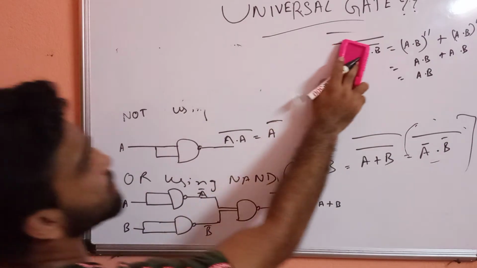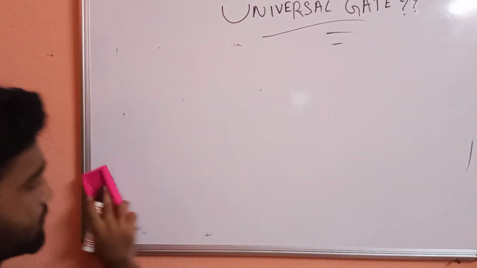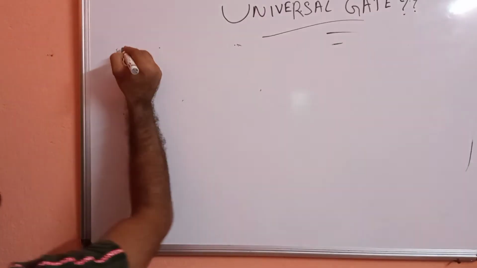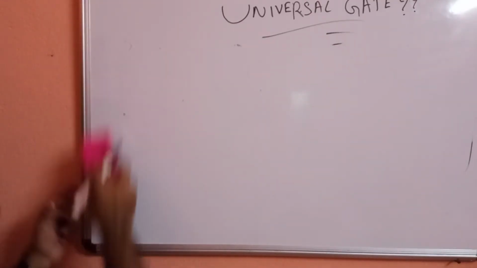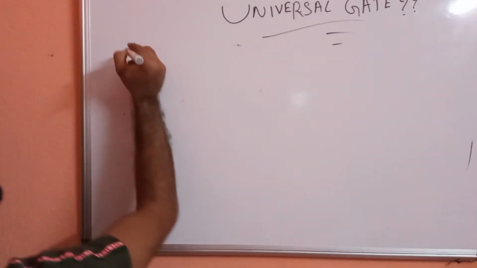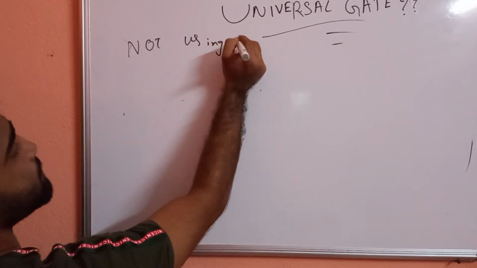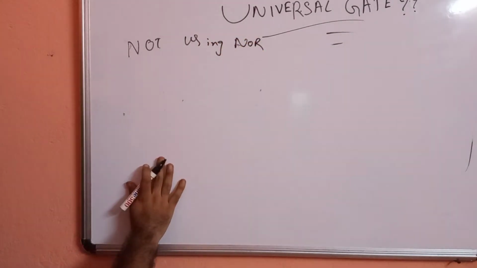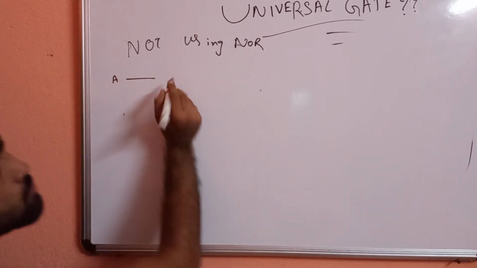Let's see. Using NOR gate we want to do it now. First, NOT using NOR. First we will make NOT. Taking A as input, we want A bar as output.